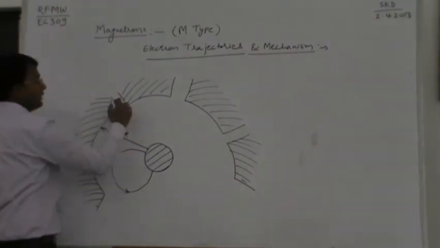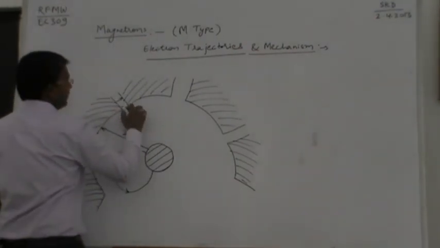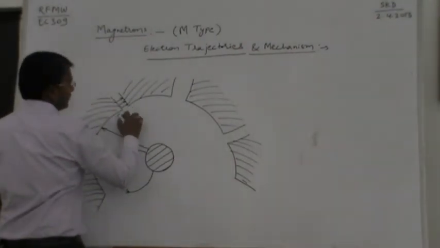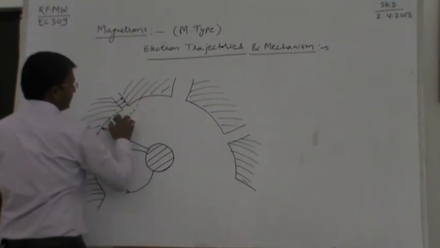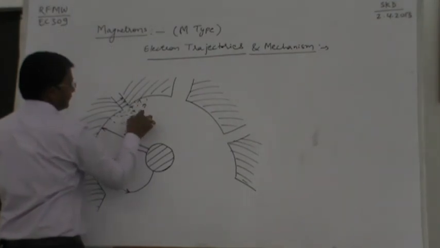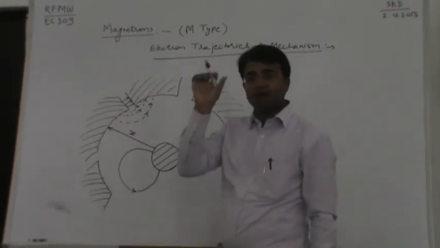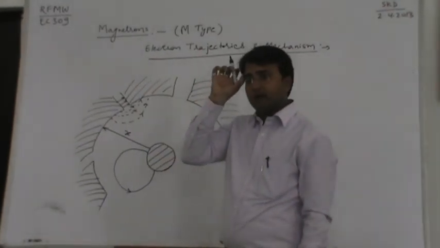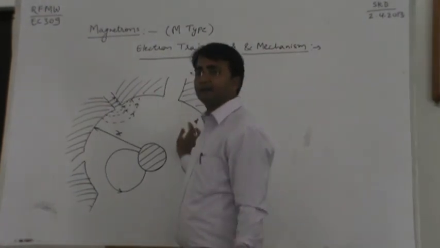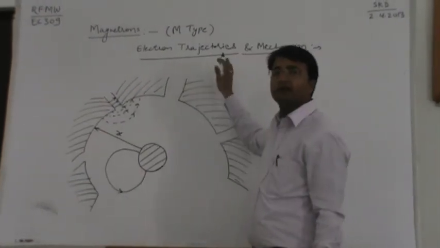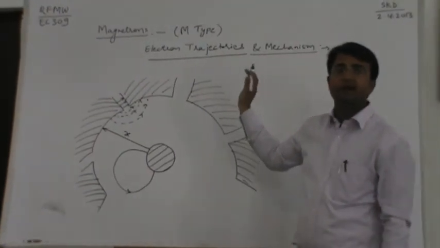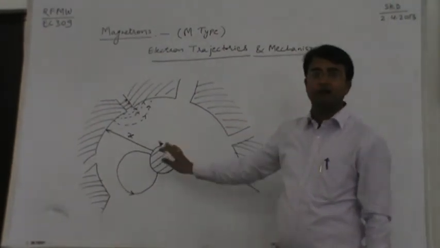So a fringing electric field will exist in all the cavities. This fringing RF field and its influence on the electron is what we are going to observe now.